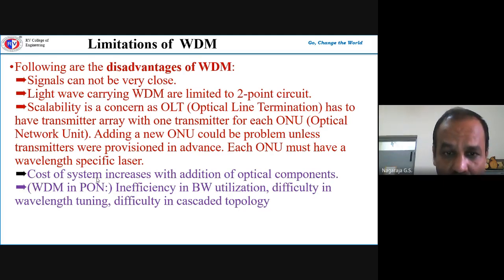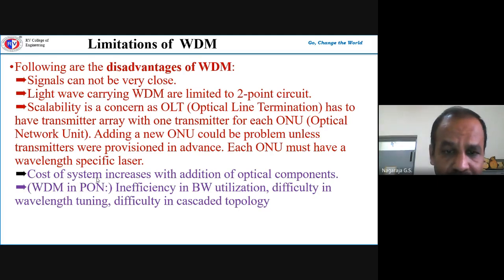Adding a new ONU, optical network unit, could be a problem unless transmitters were provisioned in advance. Each ONU must have a wavelength specific laser. This is a very crucial point which you have to note in the case of WDM.